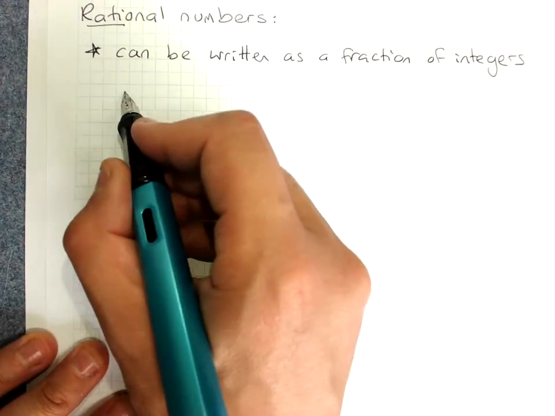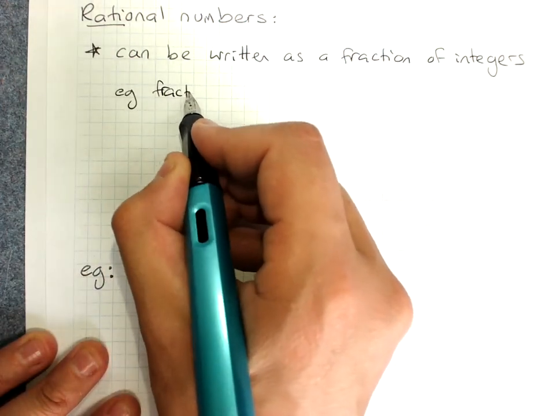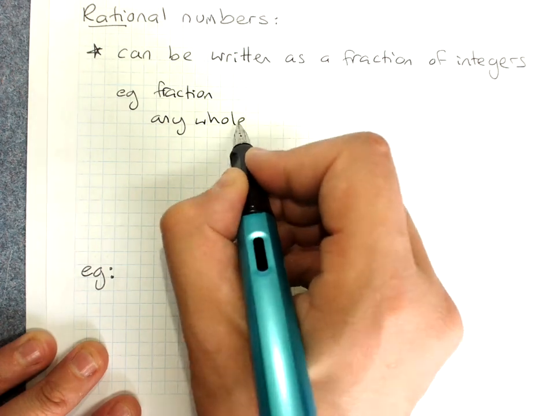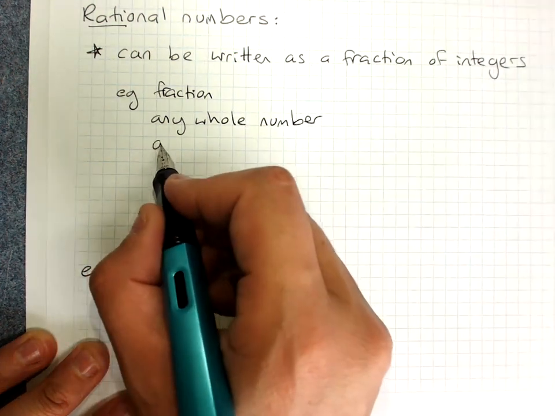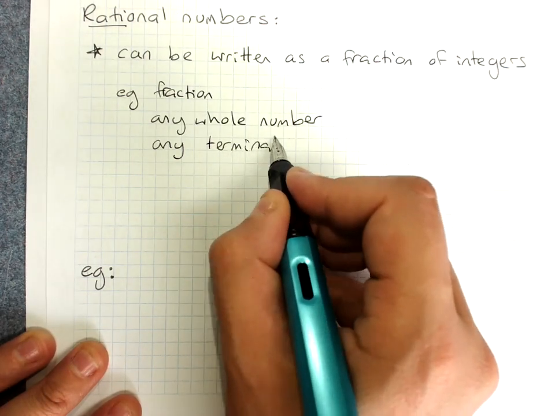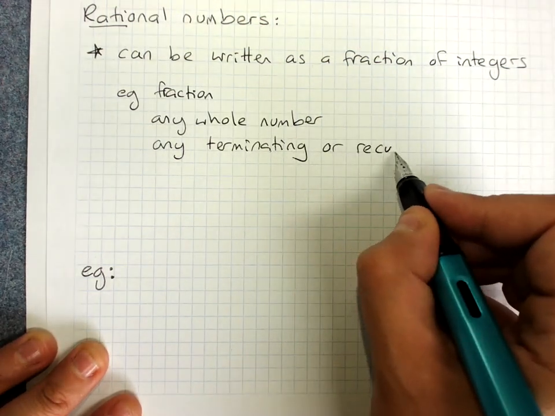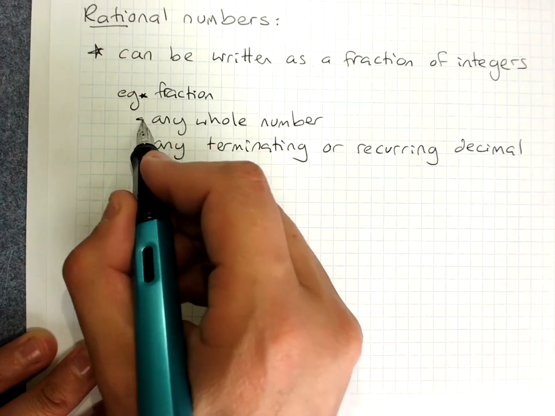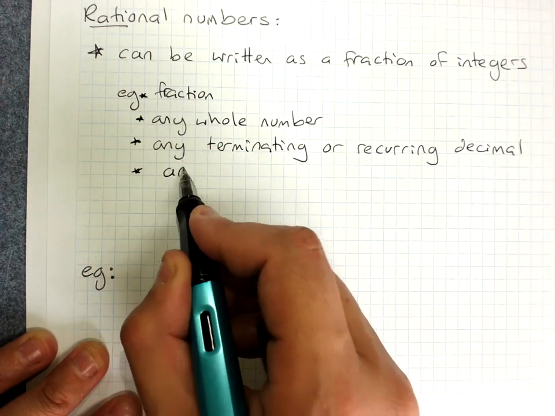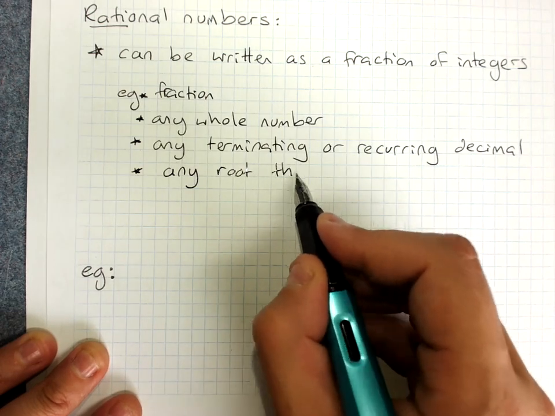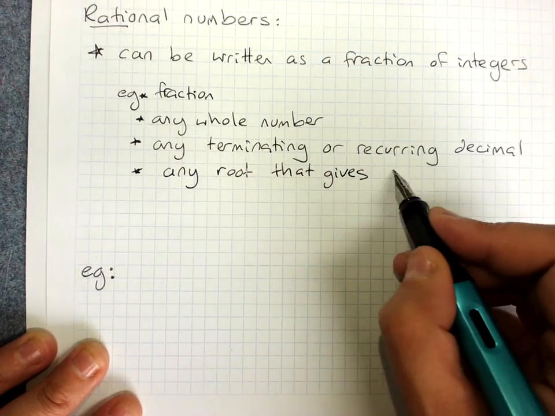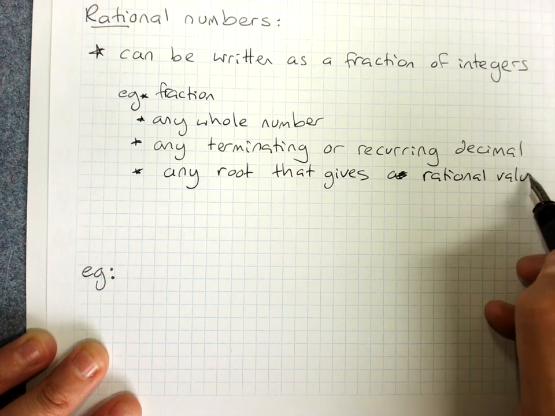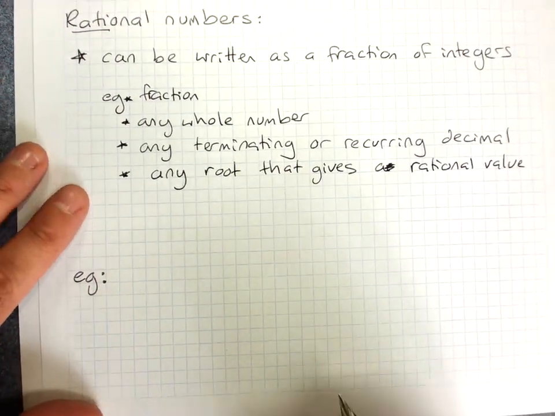Any whole number, any terminating or recurring decimal, and this one might be tricky: any root that gives a rational answer or value. So let's break some of those down.